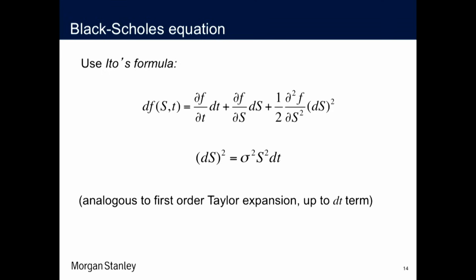So one term is dF/dt times dt, another is dF/dS times dS, and the square of dS is now actually of the order of magnitude of dt. So we'll need a quadratic term there. All right, so this is our dF.